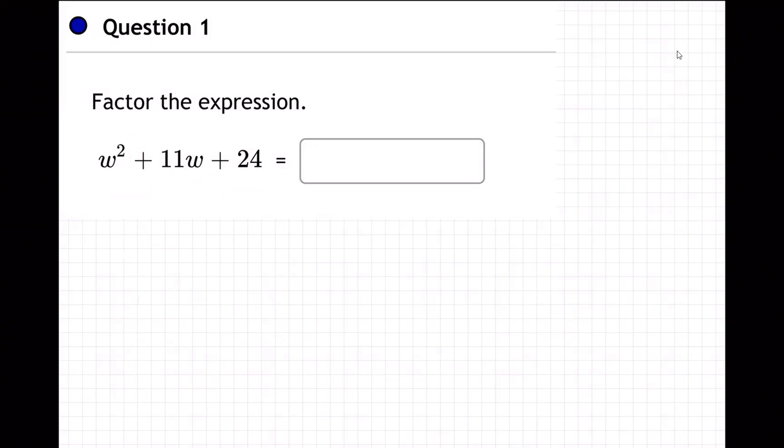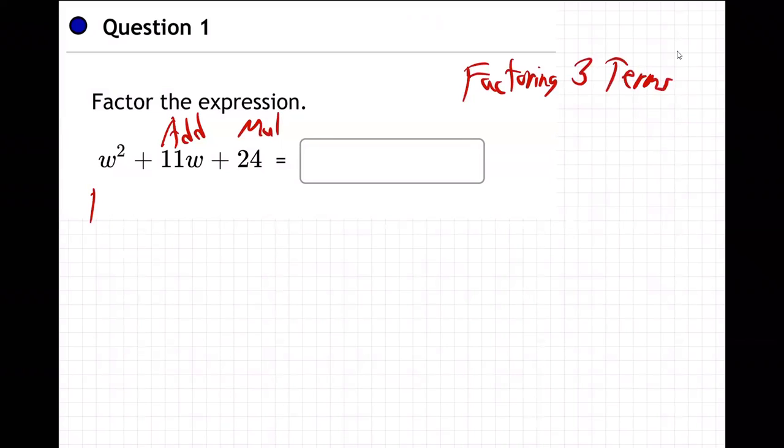When you factor 3 terms, we're going to add over the middle, multiply over the top. So let me write it right here. Factoring 3 terms. What do you do?